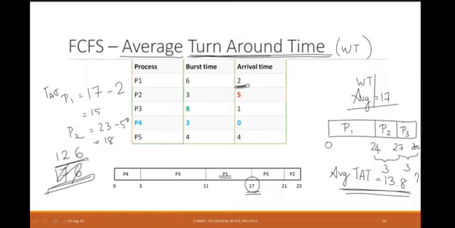And for the second one, I'm not sure if this is for the second one. 26 for the second one.